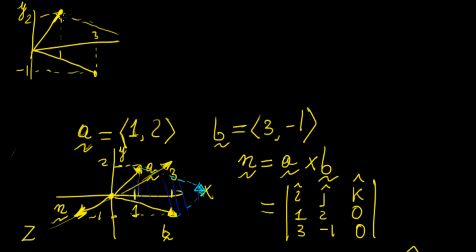So if we're starting off at 1, then we're going to end up at 4 here. But if we're starting at 2 on the y-axis, then we're going to end up at 1. So essentially, our vector is going to go like this. And then we draw the other one, and that is basically what we get.